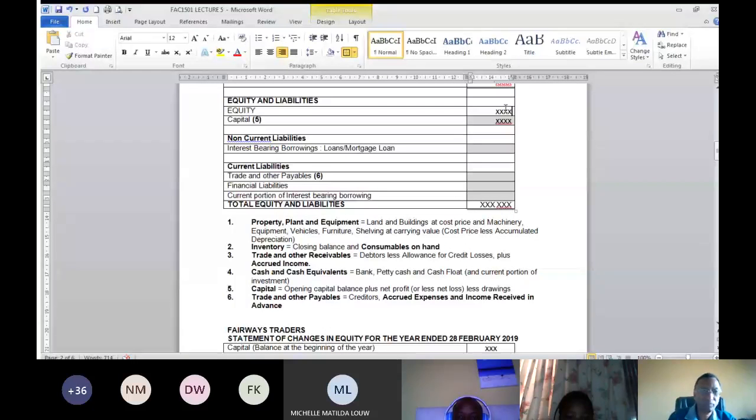Okay. Now we focus on our liabilities. We get two kinds of liabilities: non-current liabilities and current liabilities. Non-current liabilities, guys, can consist of your long-term loans. Your mortgage loan or your long-term loan, that is non-current.